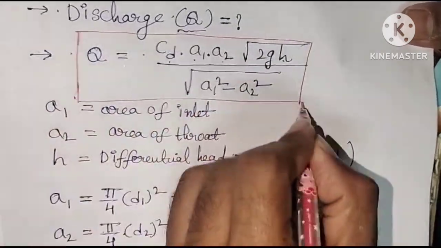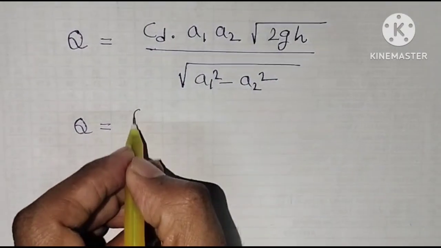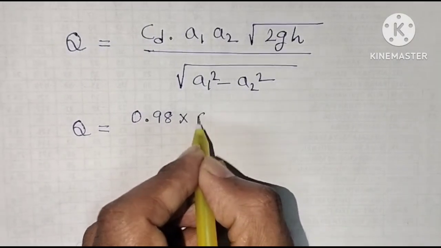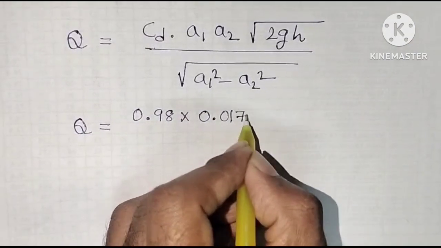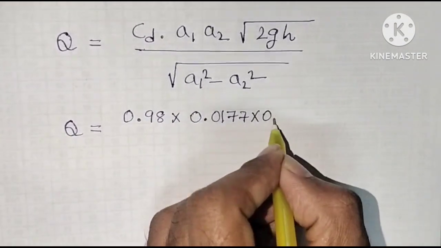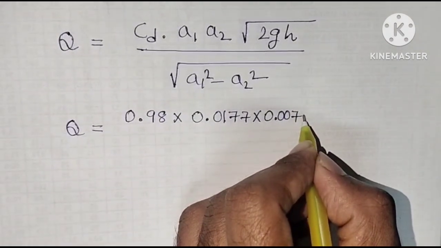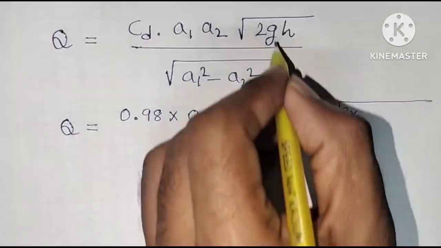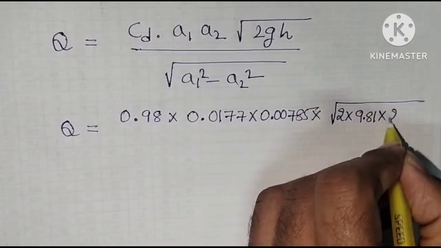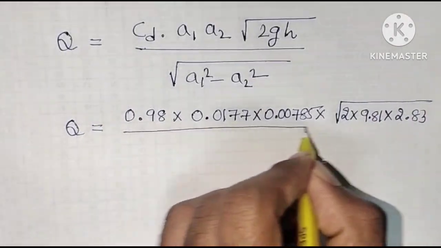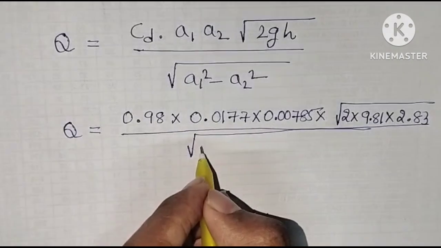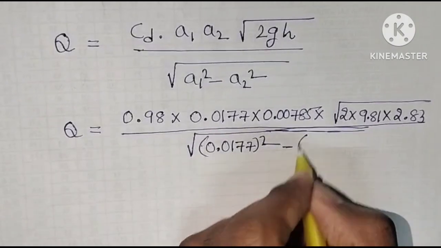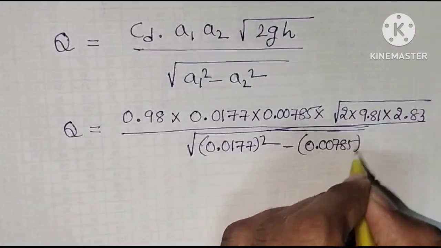We get discharge Q is equal to CD, 0.98, into A1, area at inlet, 0.0177, into A2, 0.00785, into root over 2GH. 2 into G, the acceleration due to gravity 9.81, into H, 2.83, whole divided by root over A1 square, 0.0177 whole square, minus A2 square, 0.00785 whole square.